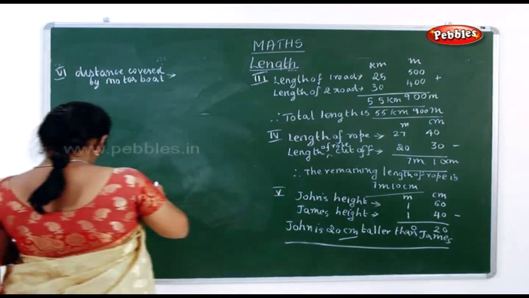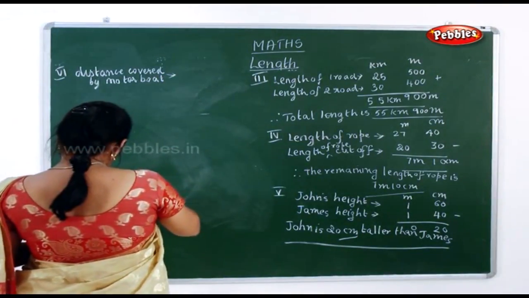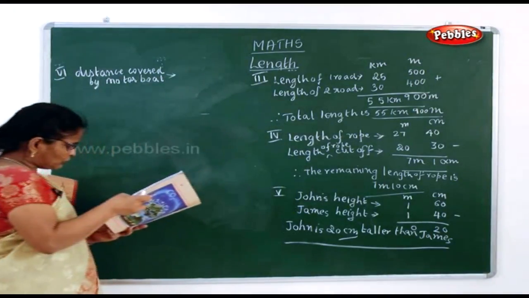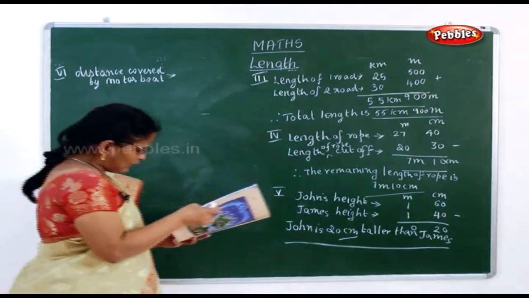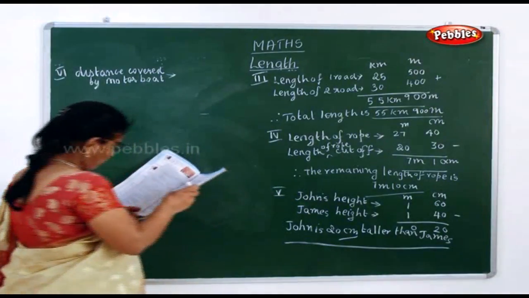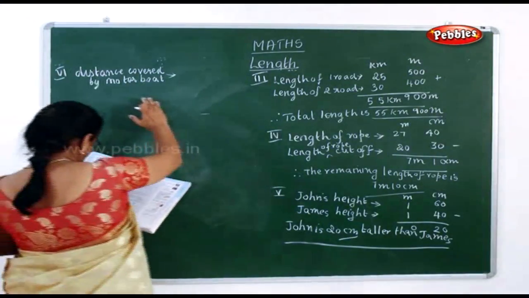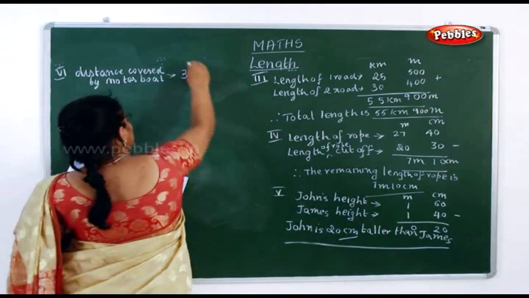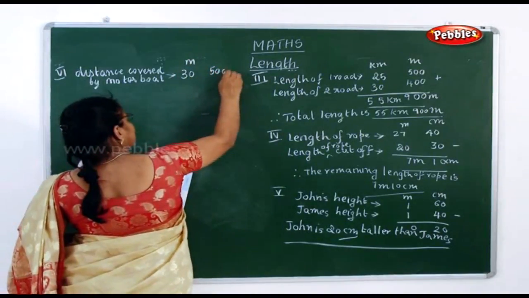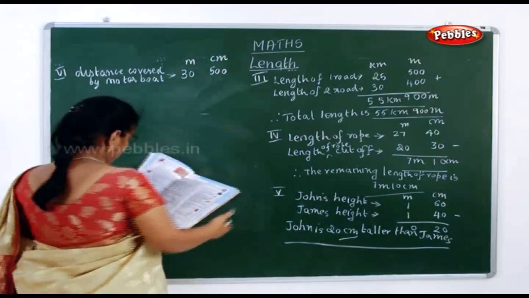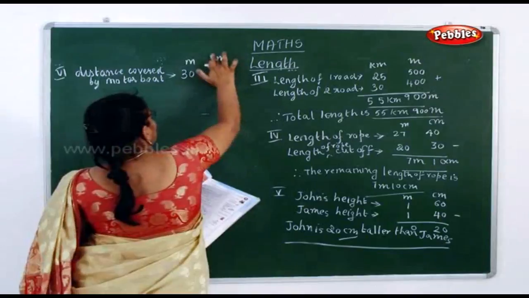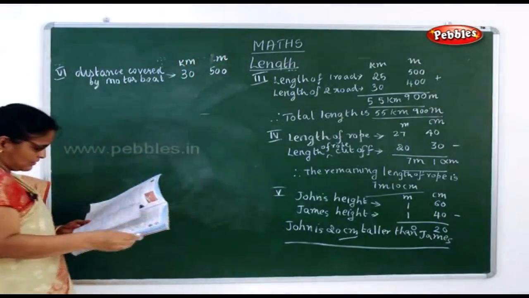A motor boat covered 30 kilometer and 500 meter. So the motor boat is a little bigger. So you can write immediately the motor boat has covered 30 kilometer and 500 meter.